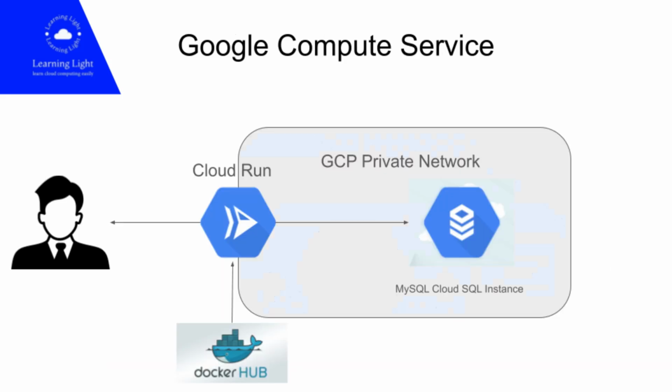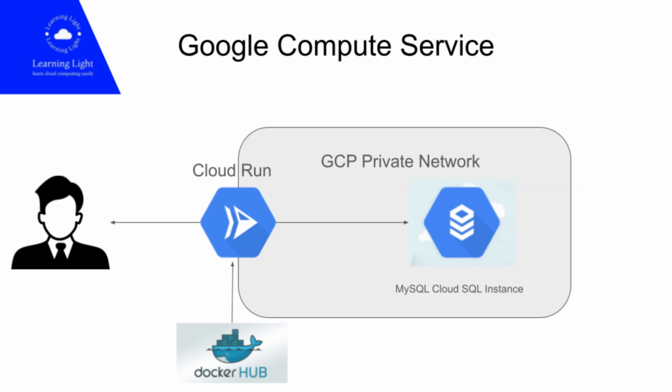Now, why am I going to use Cloud Run? Because we have our Docker images deployed in our private or public repository in Docker Hub. We are going to use that image to build the Docker container inside the Google Cloud Platform.